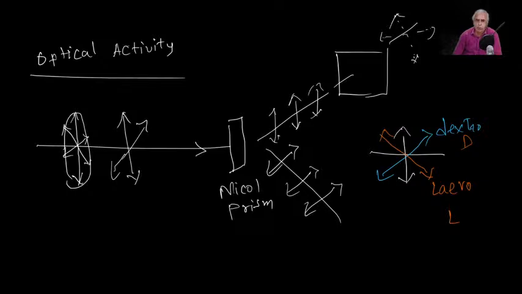And this dextrorotatory can also be represented as plus, so plus isomer. Then levorotatory can be represented as minus, so minus isomer.